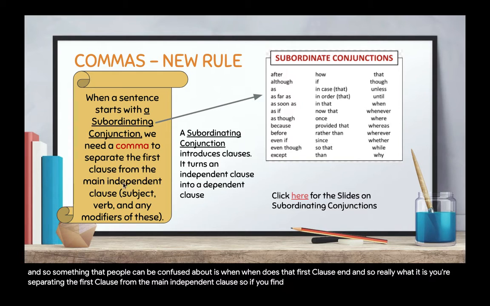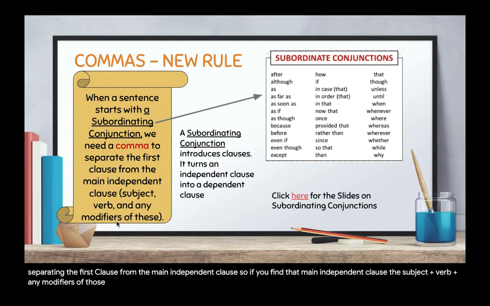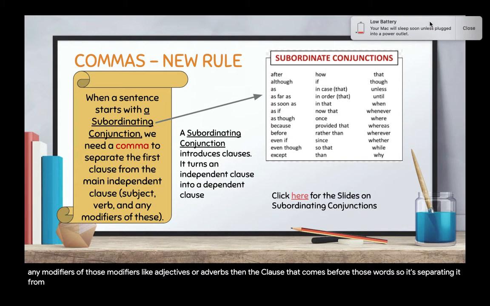So if you find that main independent clause, the subject and verb, and any modifiers of those, modifiers like adjectives or adverbs, then the clause that comes before those words is what you're separating from the main independent clause.